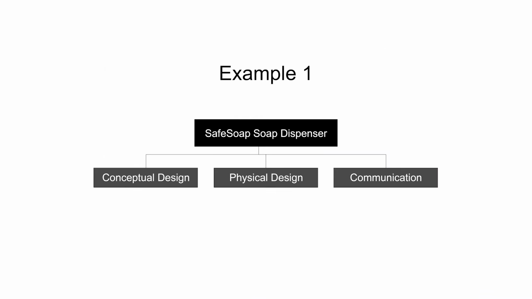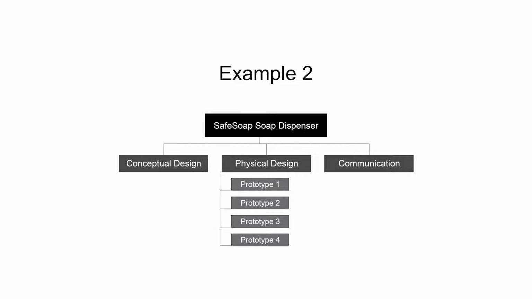Let's take a look at some examples for step 1, listing out major tasks. These examples are modeled after Team SafeSoap. In the first example, the SafeSoap team broke down their overall project into 3 main tasks: conceptual design, physical design, and communication. In a second example, the team listed out conceptual design, physical prototypes with prototypes 1, 2, 3, and 4 under it, and then communication.